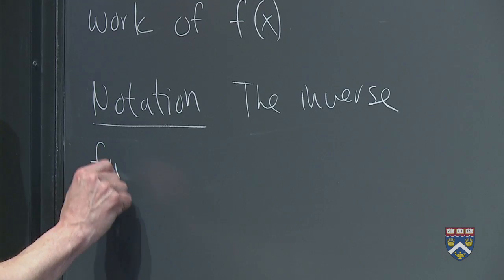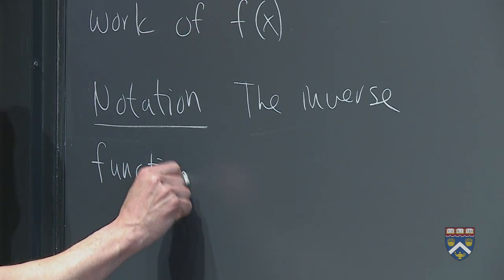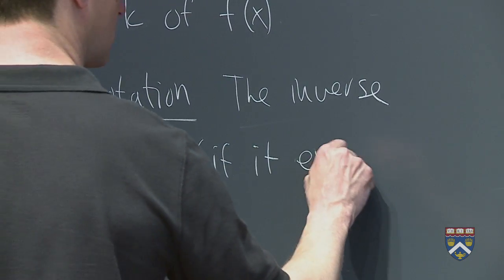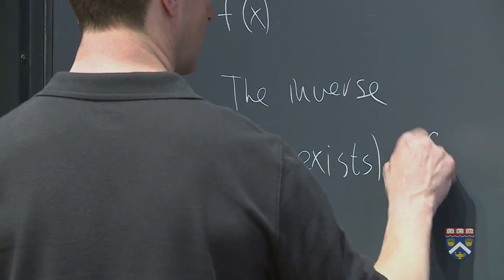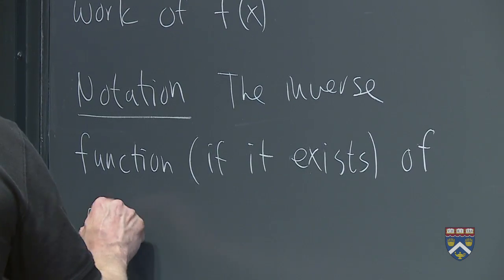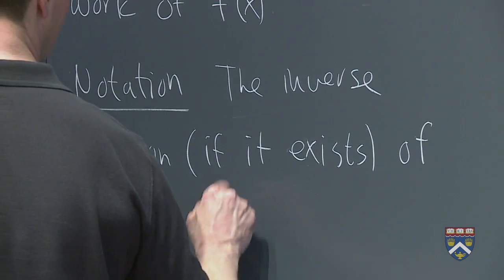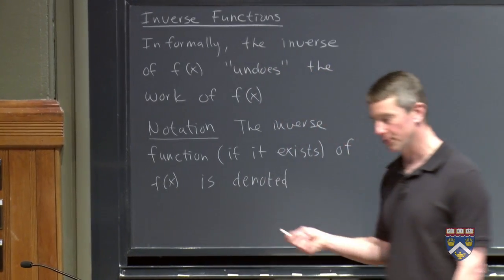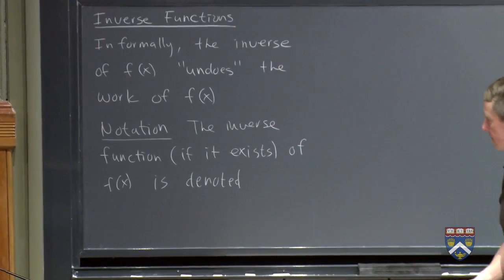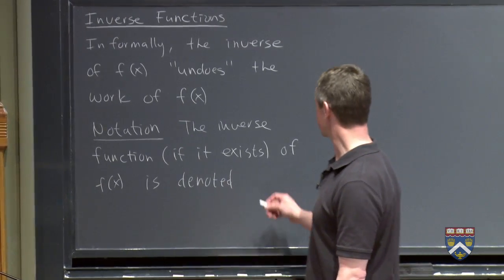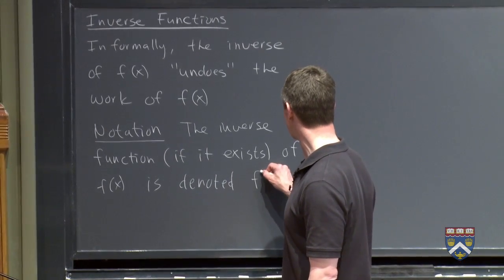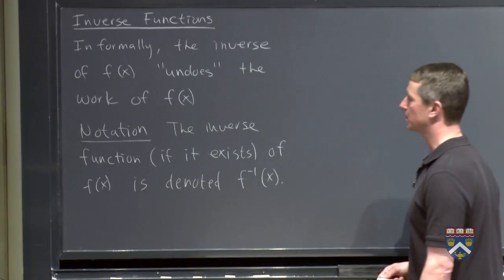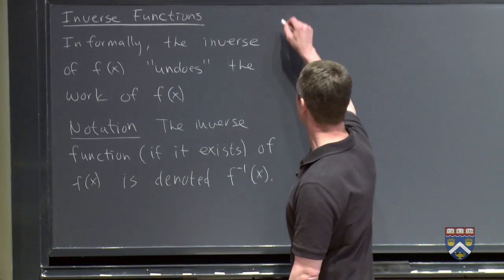But the inverse function, if it exists, of f of x is denoted, and we were talking earlier tonight about the importance of good notation. Some people don't like this notation. It is denoted f superscript minus 1 of x. And we read that f inverse of x.